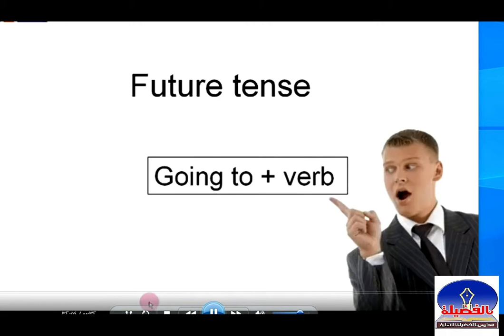Okay, because in English there are lots of different future tenses. There are about 4 or 5, and this is the first one.